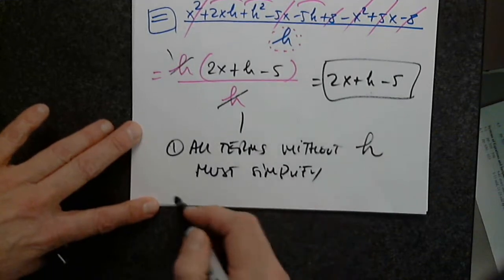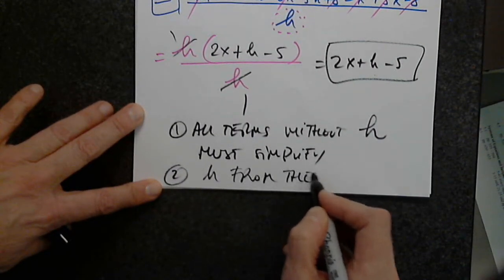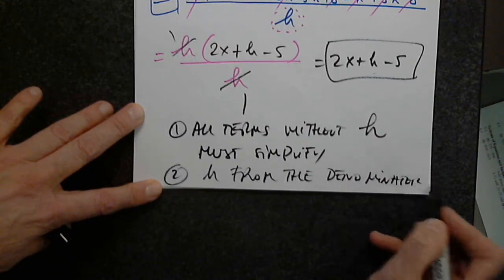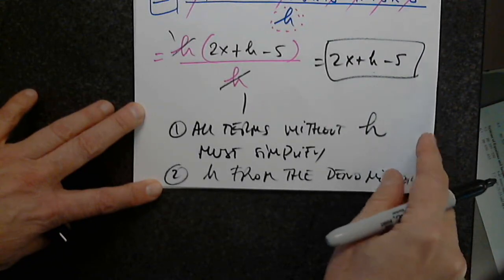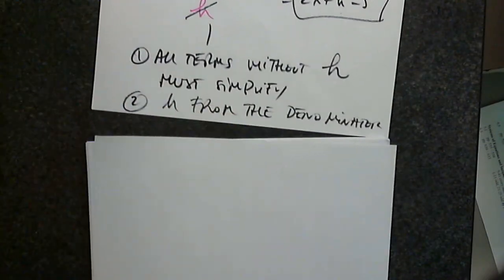So number one, all terms without h must go away, must simplify. You know what I mean. And number two, h from the denominator must simplify as well with a factor from the top. One more time, number one, all terms without h must simplify, must cancel out.